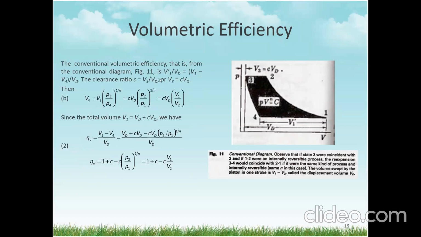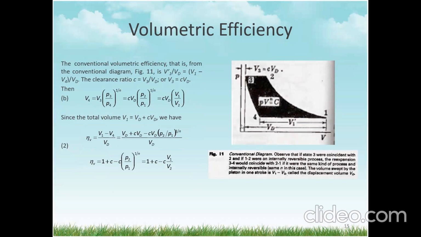So the conventional volumetric efficiency, that is from the conventional diagram, figure 11, is B sub 1 prime over B sub D. So B sub 1 prime is equal to B sub 1 minus B sub 4.